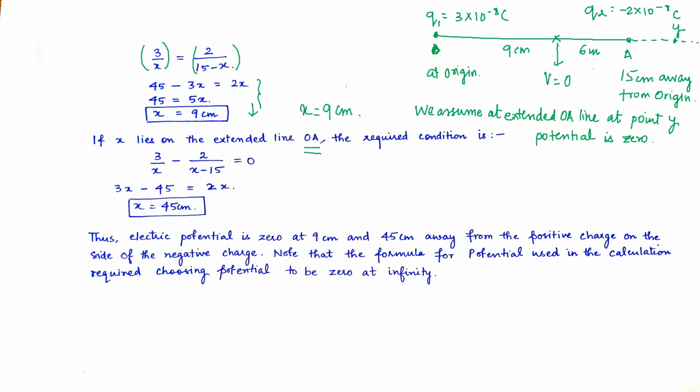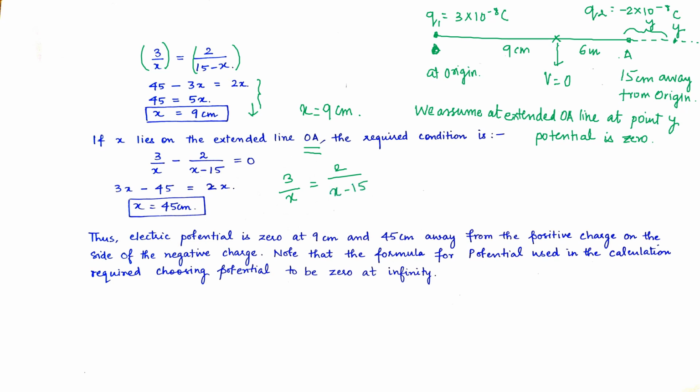In that case, this value will be some y value and this value will be y minus 15. When we are taking the extended one, the value which we are going to get is 3 upon x equals to 2 by x minus 15.